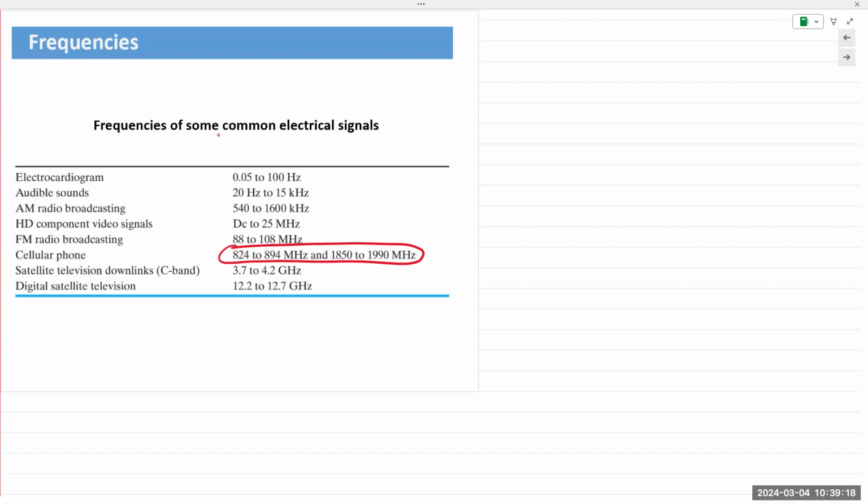AM radio signals. AM stands for amplitude modulation. FM stands for frequency modulation. We are not going to study those in this class, of course. But have you ever heard of the term 680 AM or 101.7 FM? That number is actually technically derived from the broadcasting frequency of that radio station.